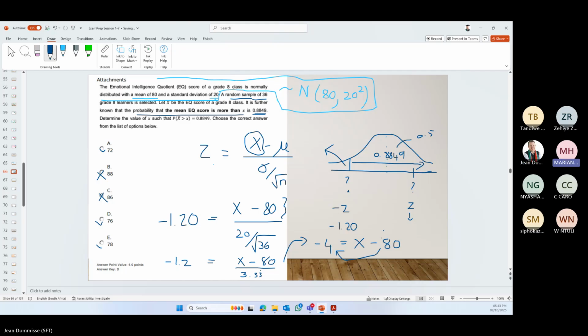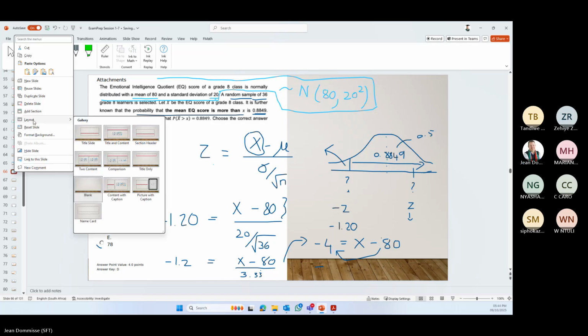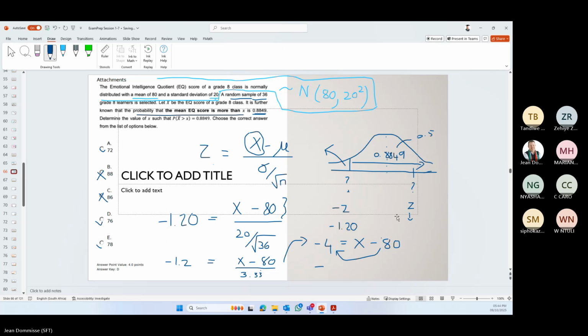So 80 minus 4 is 76. So minus 4 plus 80 is 76, which is equal to x.